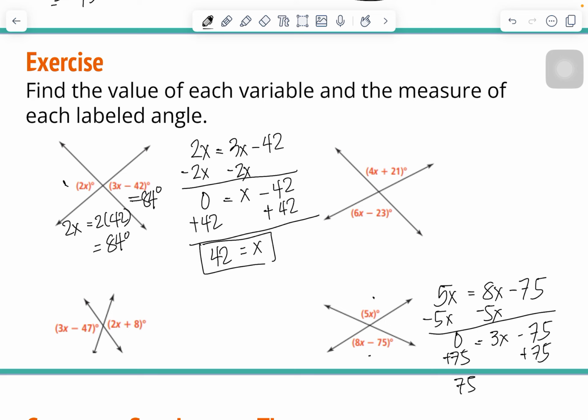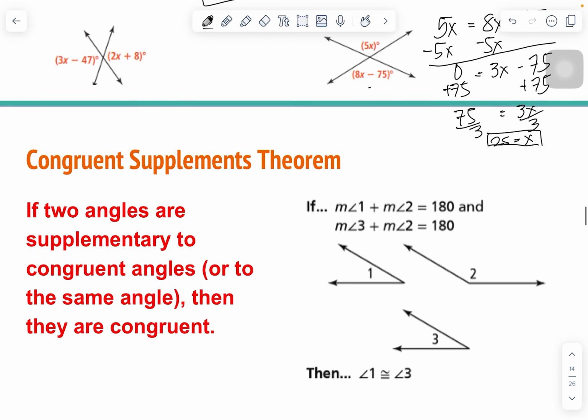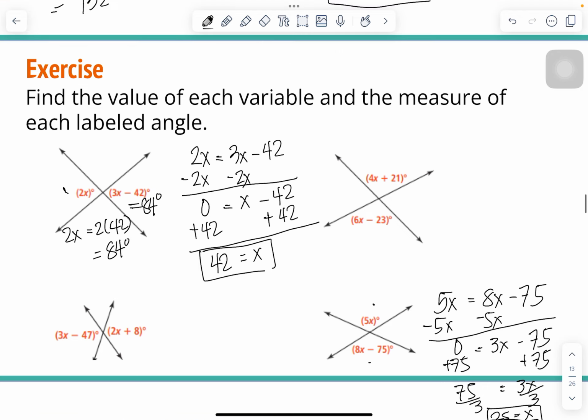So that's 75 is equal to 3x divided by 3, and that will give you 25. 25 is equal to x, right? And then you will do the rest for this one.